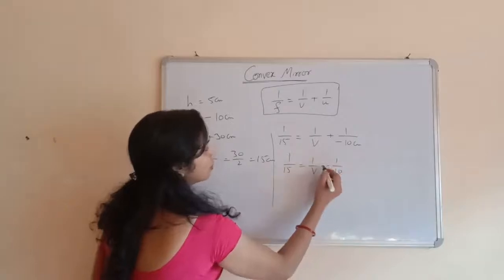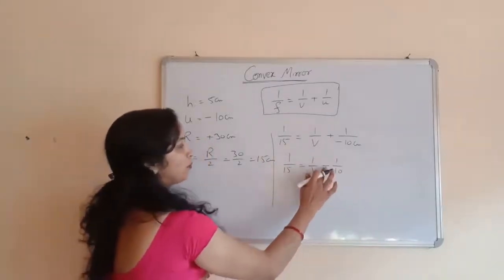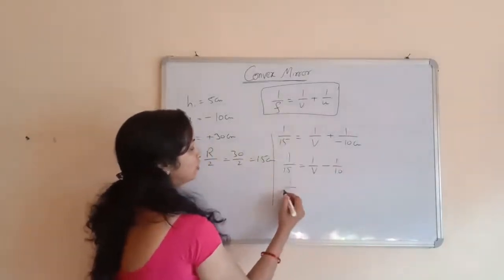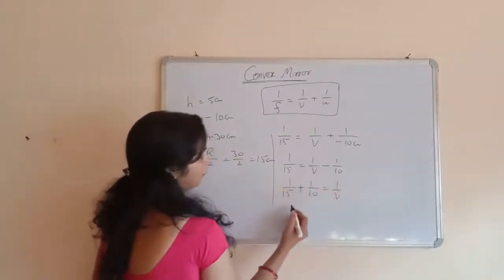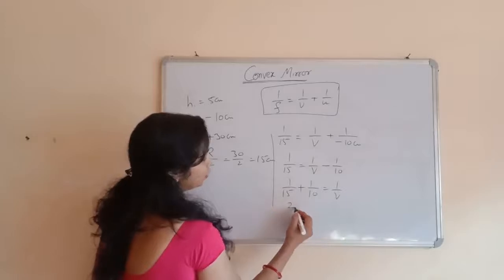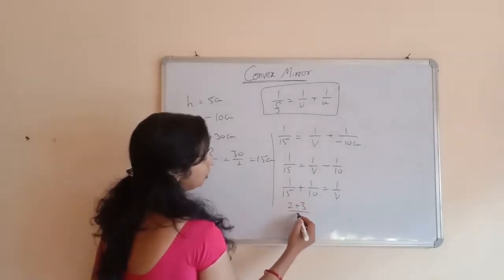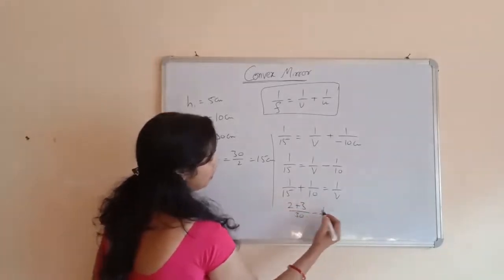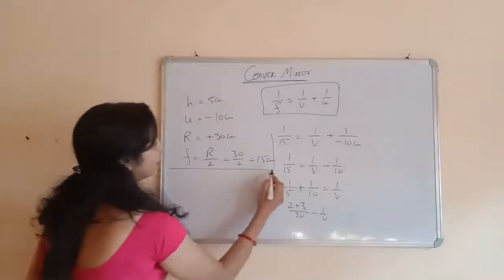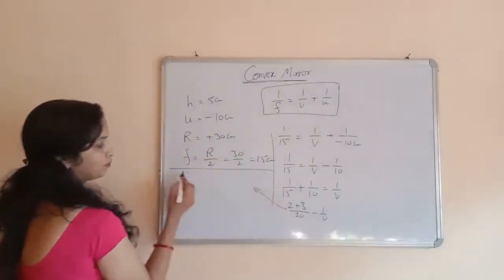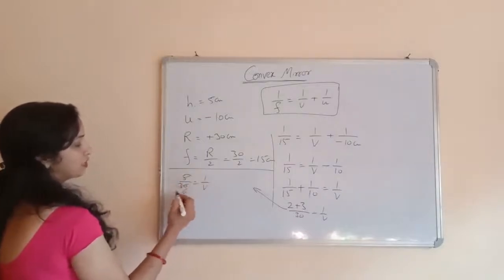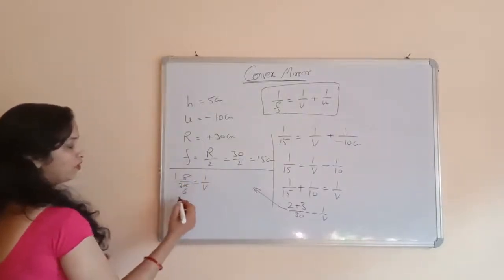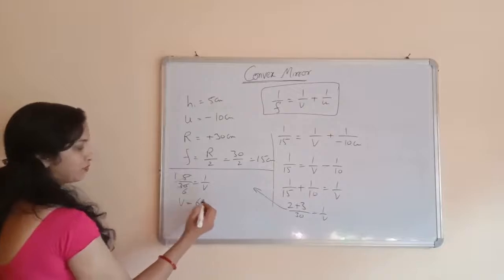So you bring it to this side, it will become positive: 1/15 plus 1/10 is equal to 1/v. So LCM is 30. 2 plus 3 over 30 is equal to 1/v. So it is 5/30 is equal to 1/v, which is 1/6, or we can say v is equal to 6 centimeter.